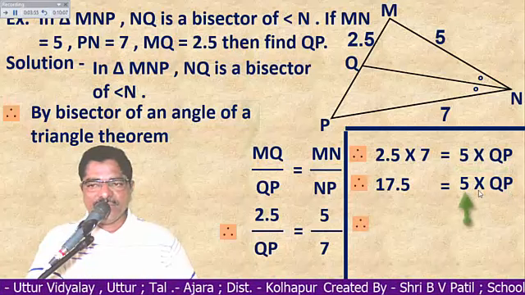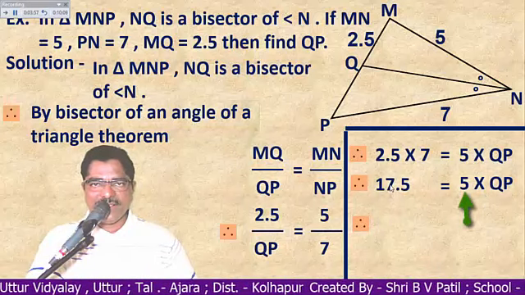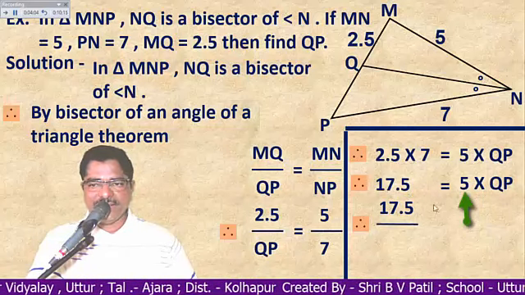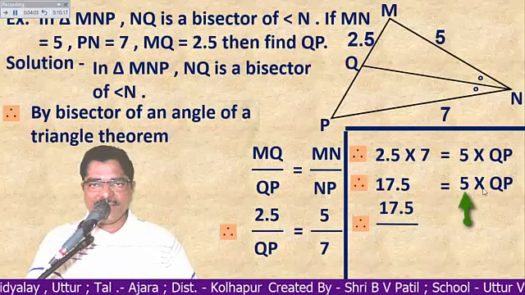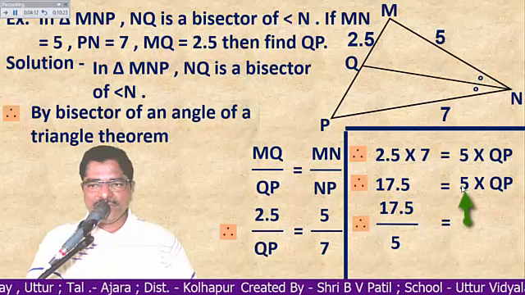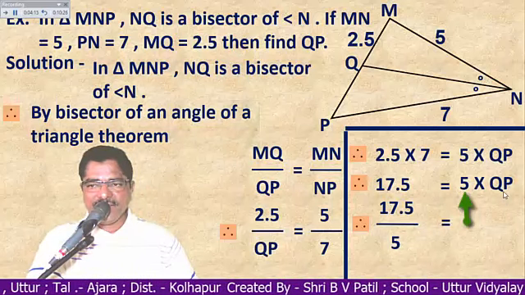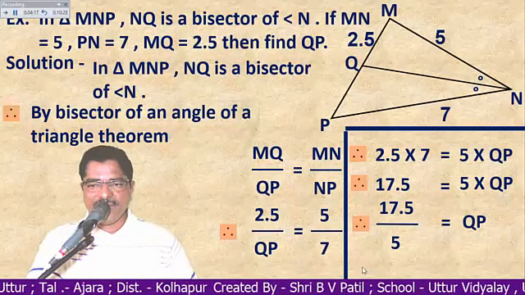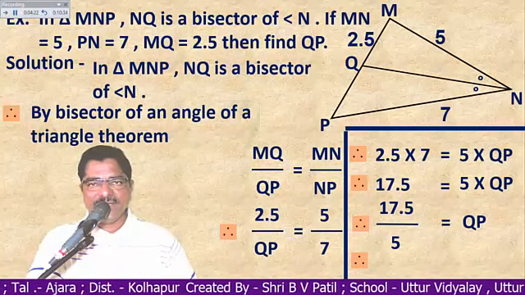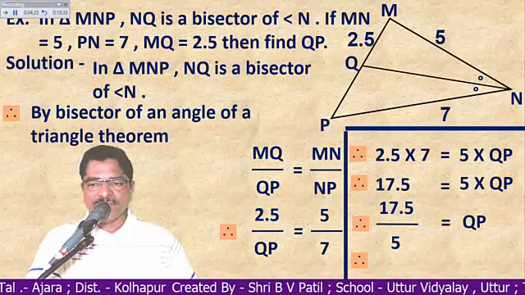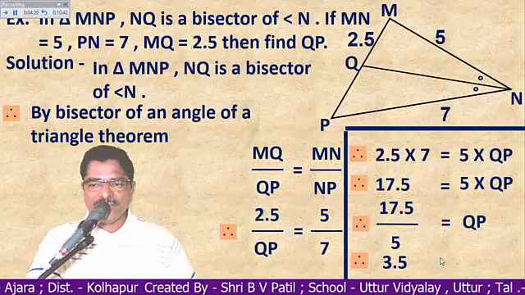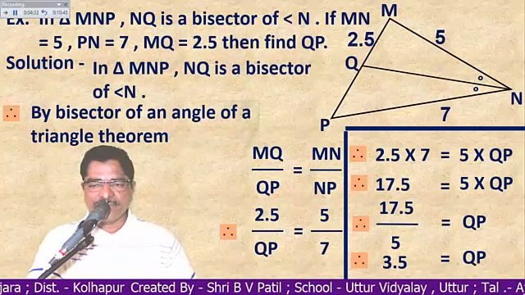Taking 5 multiplied to the other side, it becomes divide: 17.5 divided by 5 is equal to QP. Dividing by 5, we get 3.5 is equal to QP.